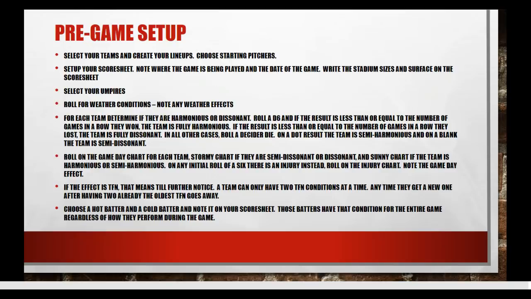On any initial roll of a 6, instead of a result coming off that chart, you're going to have an injury instead. So you're going to roll on an injury chart, and then you're going to note whatever effect comes up. Now, some of those effects are going to have what's called TFN, which means till further notice. A team can only have 2 TFN conditions at a time.